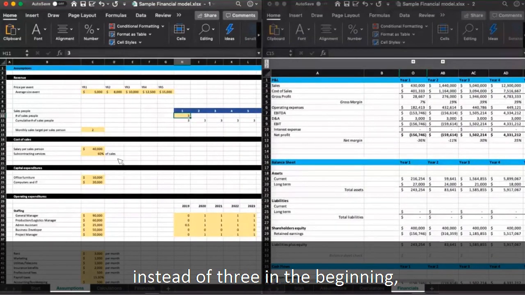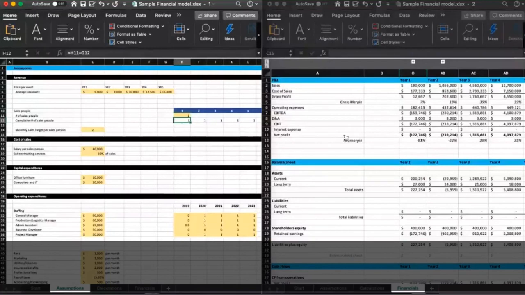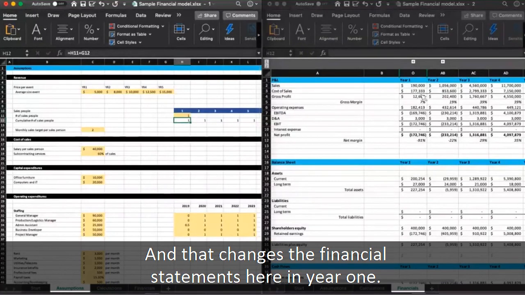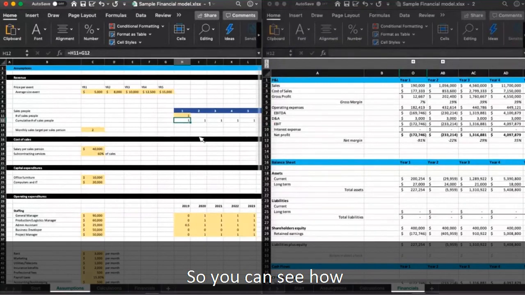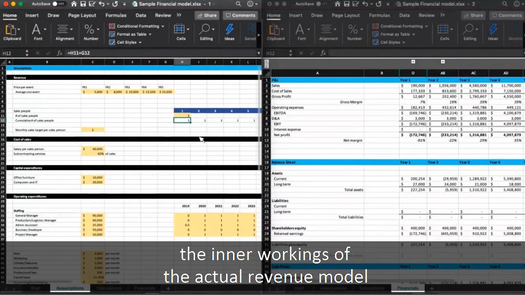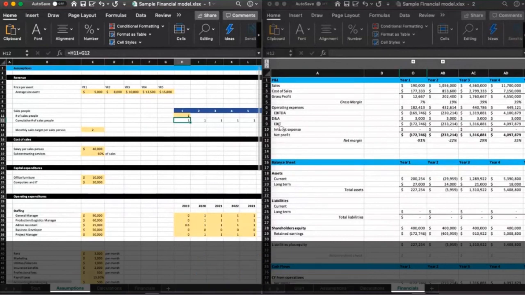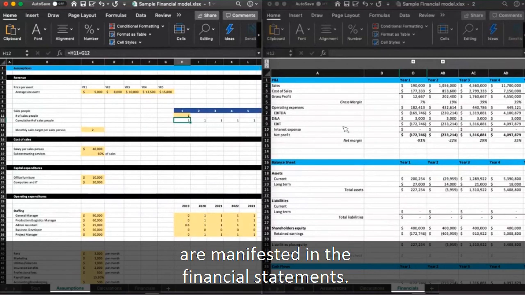So right here, instead of 3 in the beginning, we make it 1. And that changes the financial statements here in year 1. So you can see how the inner workings of the actual revenue model are manifested in the financial statements.